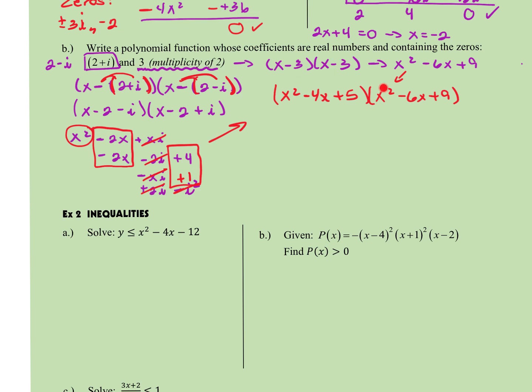So again, now I'm going to take my x squared and distribute that. I'm just going to continue this process. So now I'm going to have x to the 4th minus 6x cubed plus 9x squared. I'm going to keep going. Now I'm going to distribute the negative 4. So I'm going to have a negative 4x cubed. And then I'm going to have a plus 24x squared.